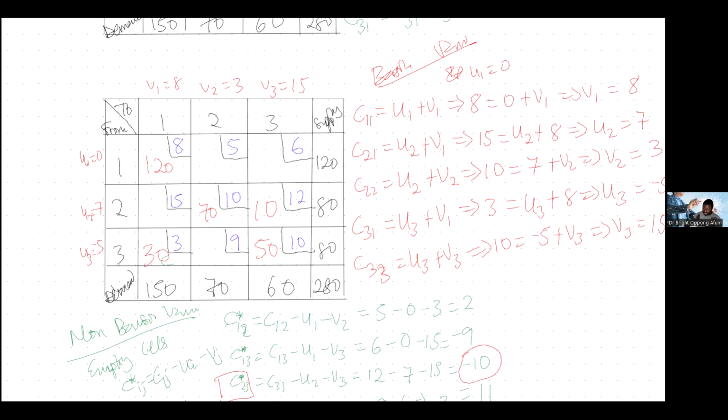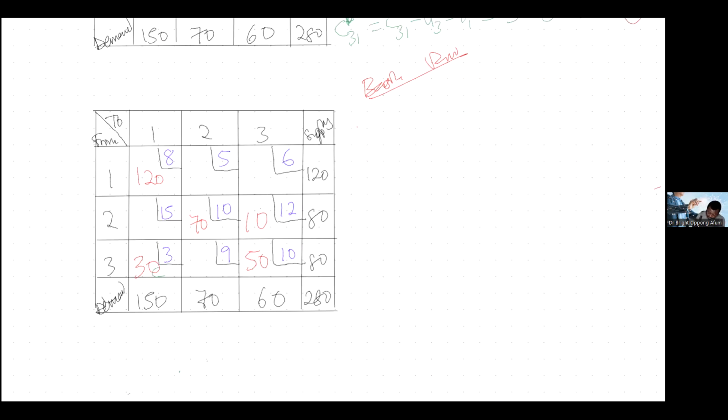Then we can see whether we are getting a negative value or all of them are positive values. And therefore, this becomes our optimal solution. So let's do that. We compute our new V1, new V2, new V3, new U1, new U2, new U3, from the basic variables.